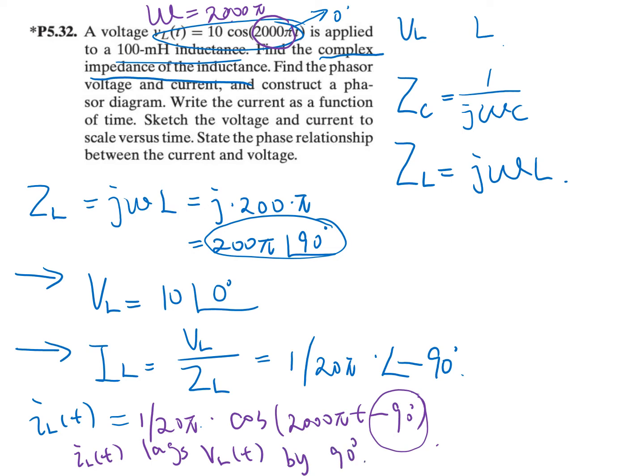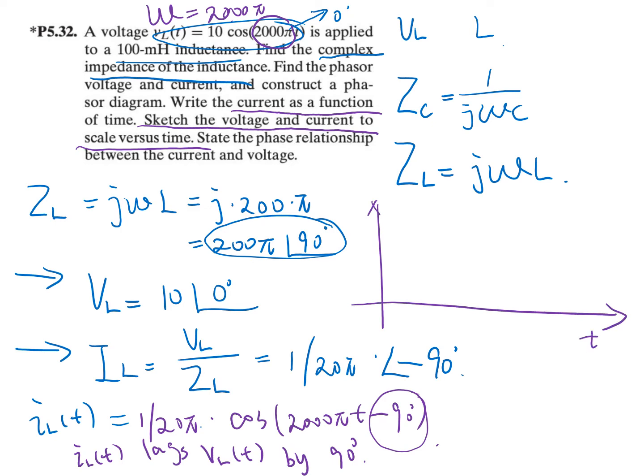Now we can draw the diagram for both the current and the voltage. We need to sketch the voltage and the current to scale versus time. So let's draw it. This is t, this is V or I for the inductor.